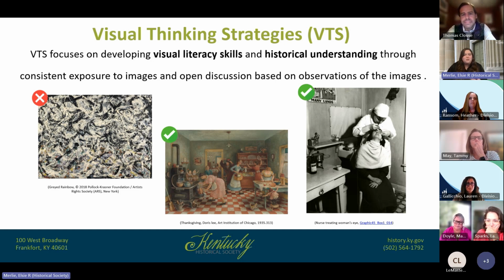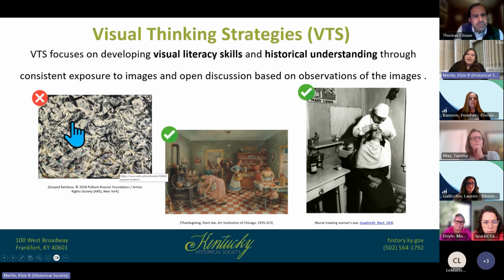If you guys ever want to use VTS outside of this learning experience, I wanted to show a few images to highlight what necessities there are for a VTS image before we get started with our own learning experience. Over here on the left, we have Jackson Pollock's Grade Rainbow.